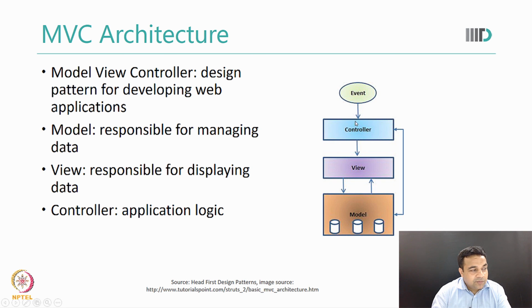In MVC also, there is a model, a view, and a controller. While the view is responsible for displaying data, the model is responsible for managing data, and the controller is for the application logic. You can see the relation between subject and observers here. If something changes in the model, the view is updated.